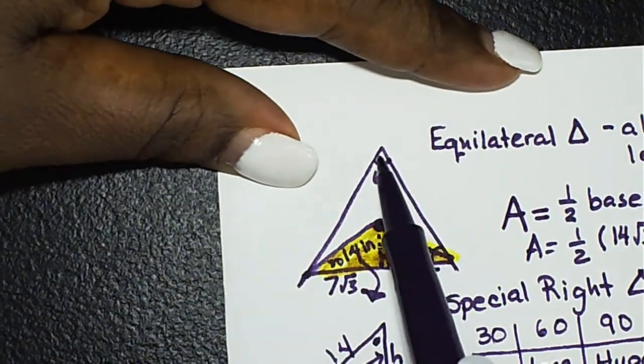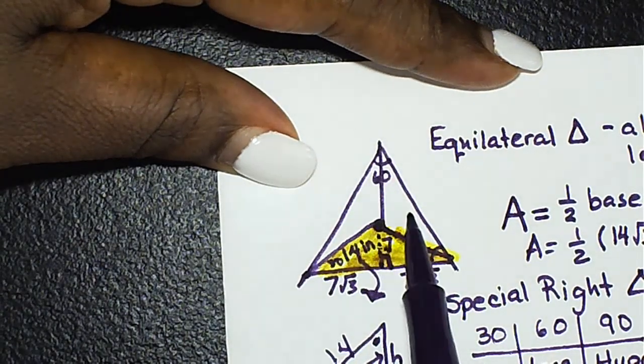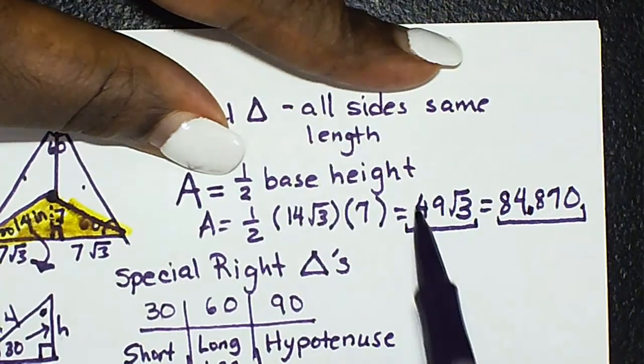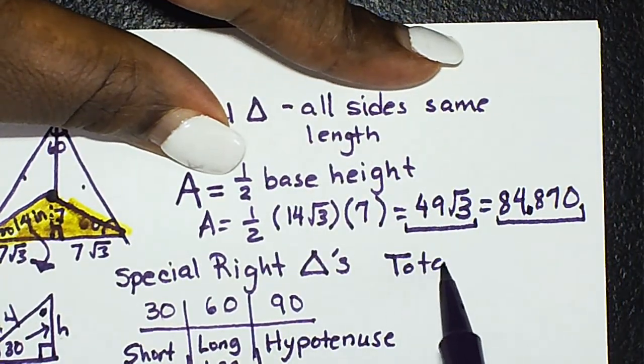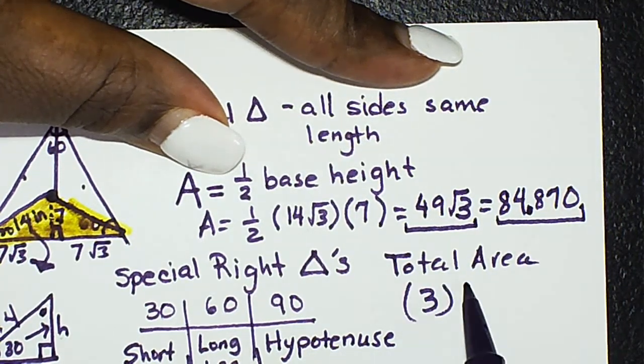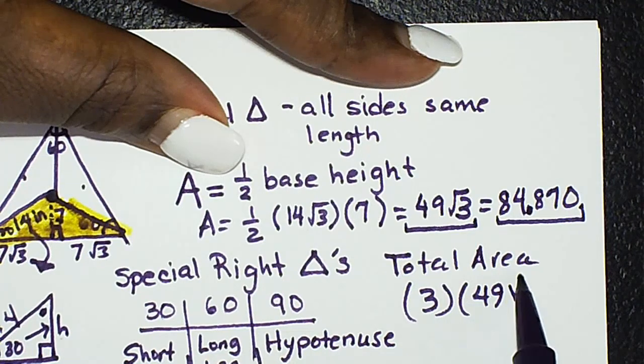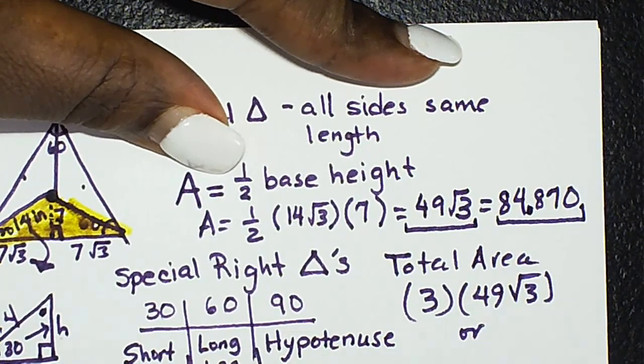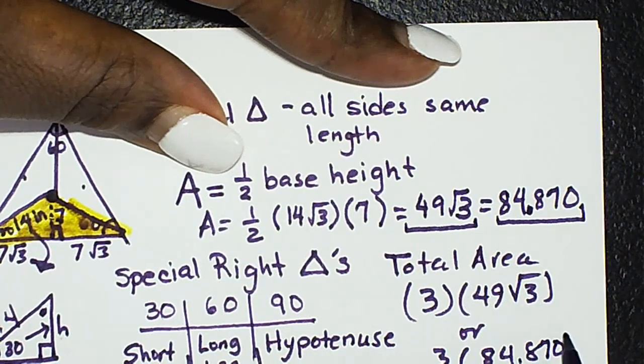So how many of these triangles do we have in this triangle? We have 1, 2, 3. So the total area would be 3 times 49 square root of 3. Or it would be 3 times 84.870.